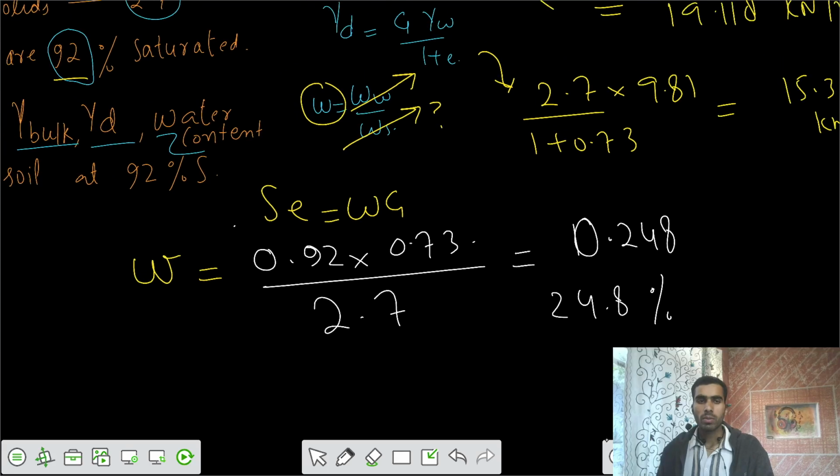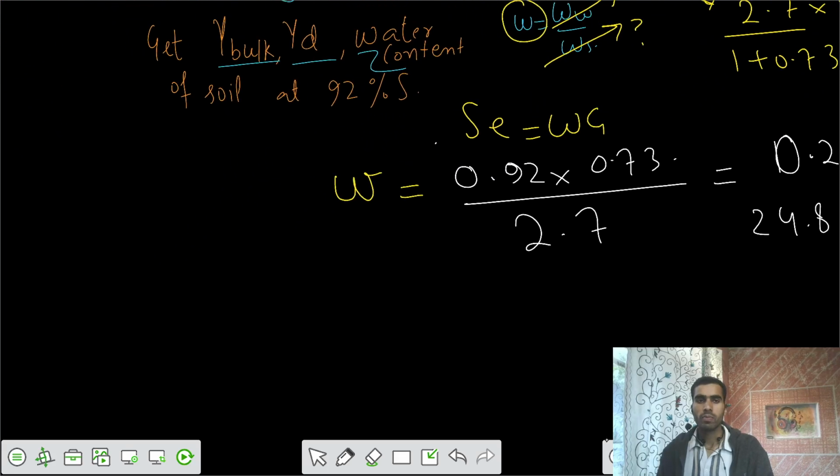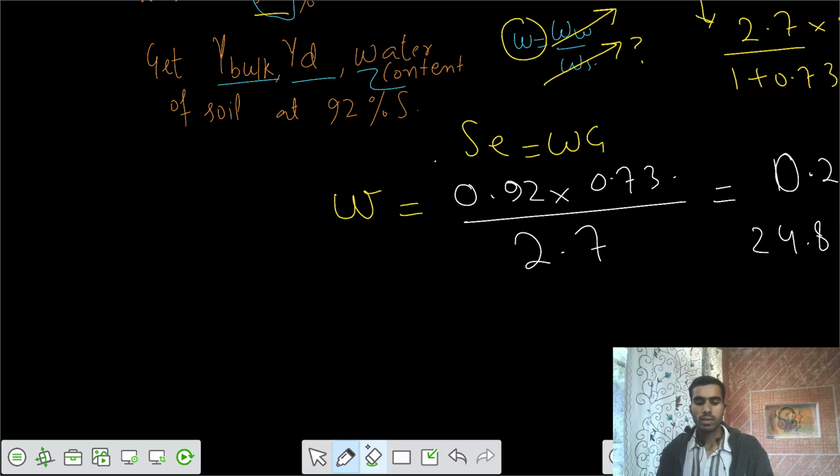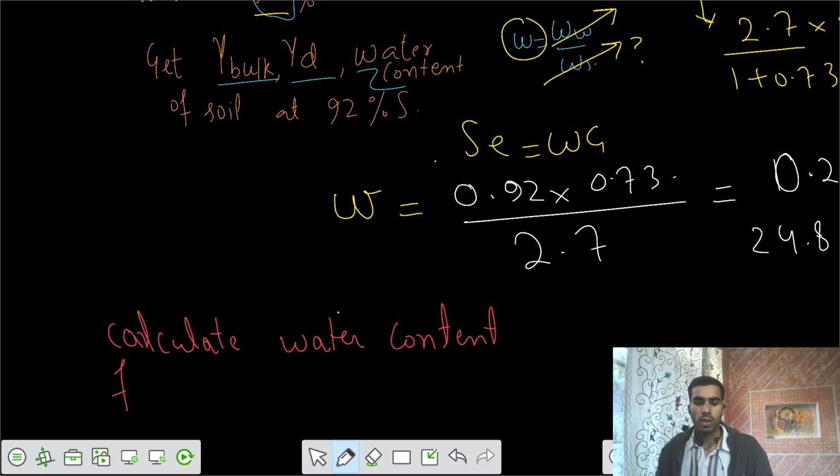Now, one more part of the problem: we need to calculate the water content for complete saturation of the voids.